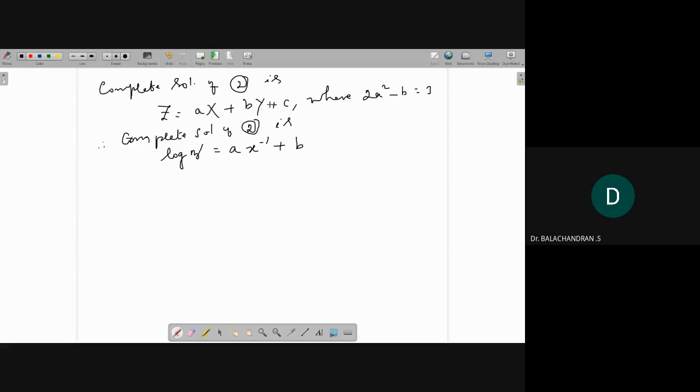Log small y. But what is B from this? From this, B equal to 2A square minus 3. So you should replace B by 2A square minus 3, into capital Y, which is log small y, plus C.